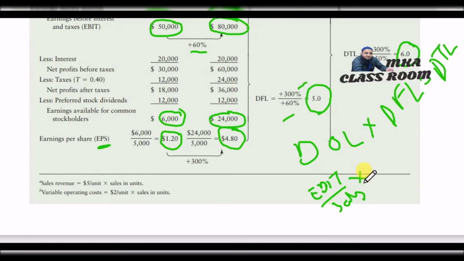On the other hand, DFL is percentage change in EPS divided by percentage change in EBIT.